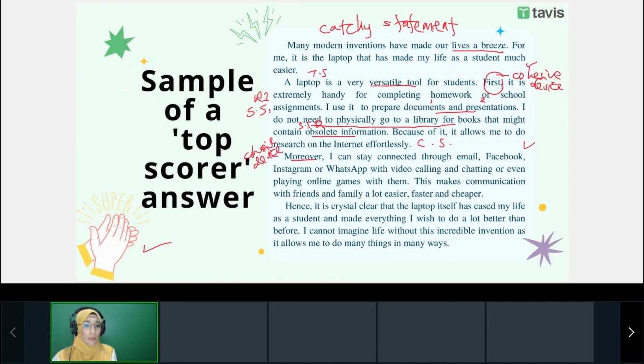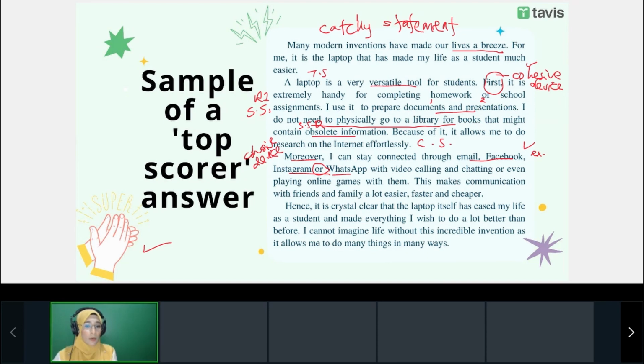Right? Another cohesive device. I can stay connected through email, Facebook, Instagram, or WhatsApp. This is very good because of this word only, right? Instead of the common one that we always use, this person uses or. And you can see it is provided with examples, Instagram, WhatsApp, right?